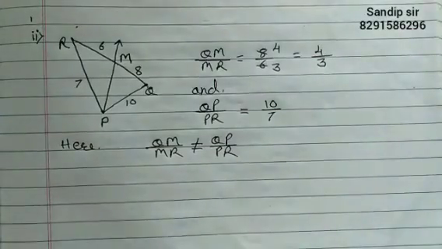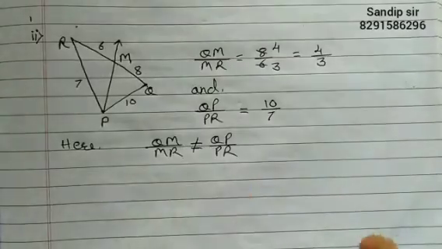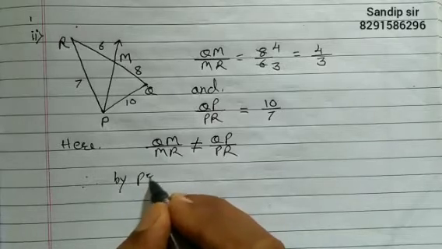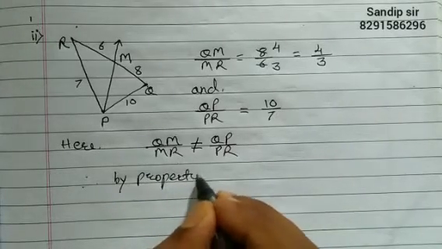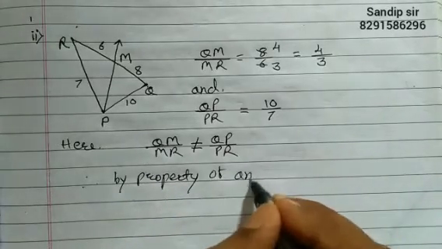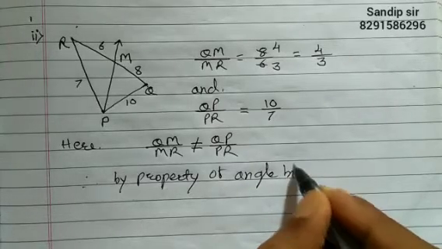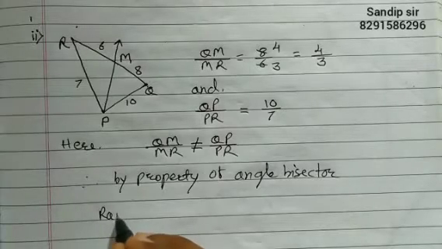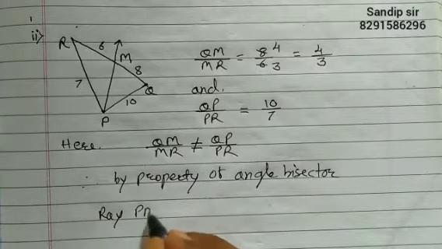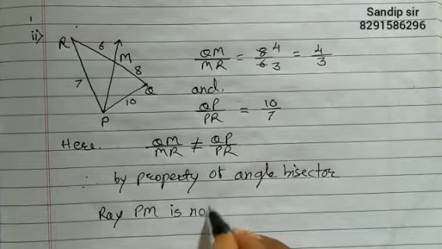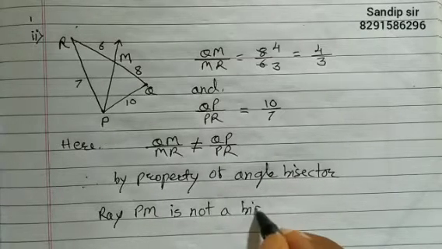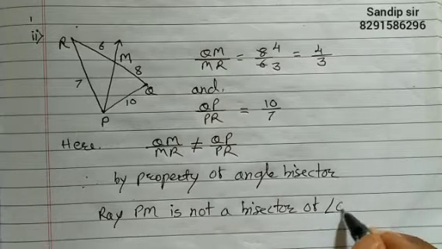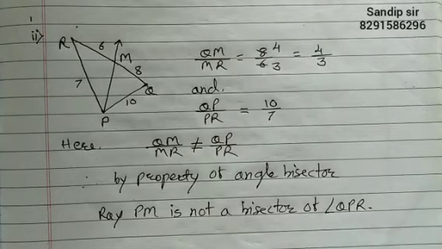So they are not equal. Therefore by property of angle bisector, ray PM is not a bisector of angle QPR.